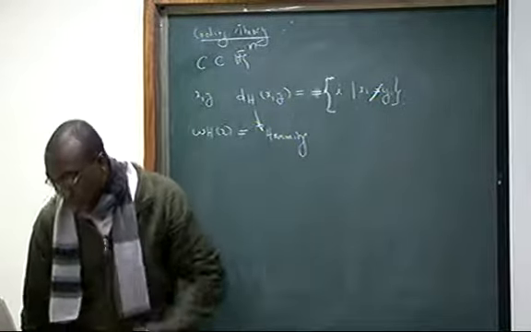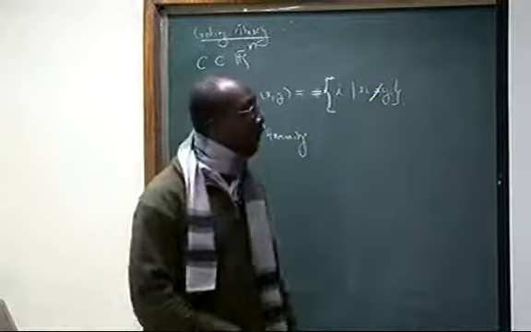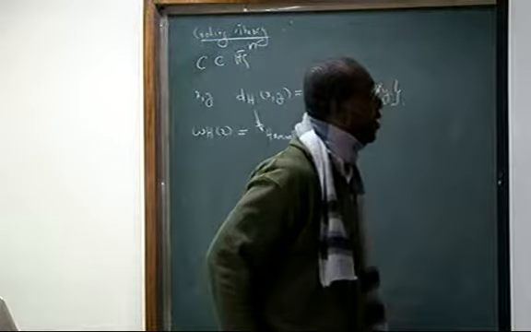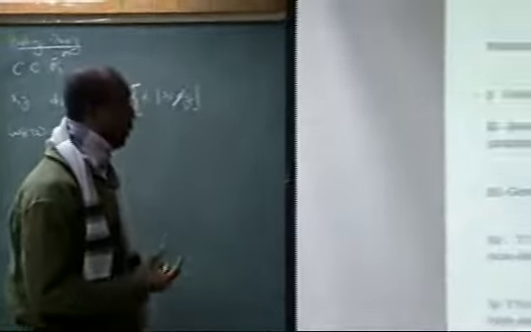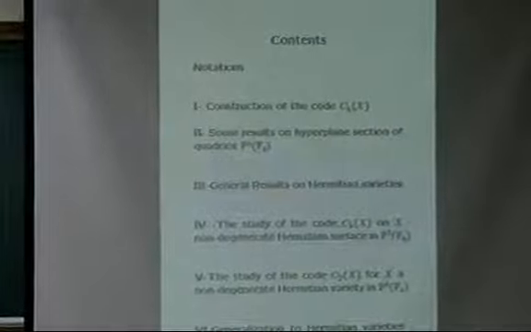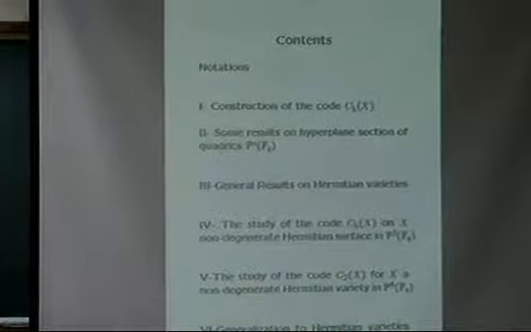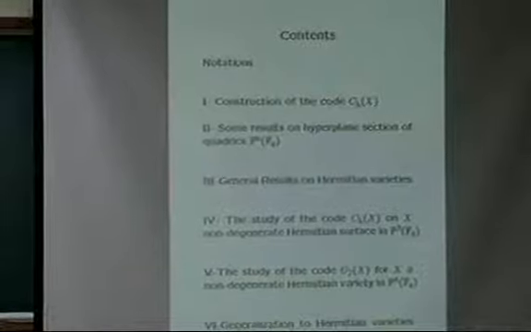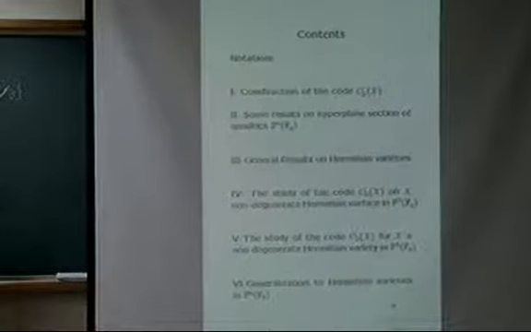So this is the outline of my talk. First, I will recall some notations. I will show you the construction of the code C_H. I will also use some results on hyperplane sections in the projective space of n dimensions over the finite field.